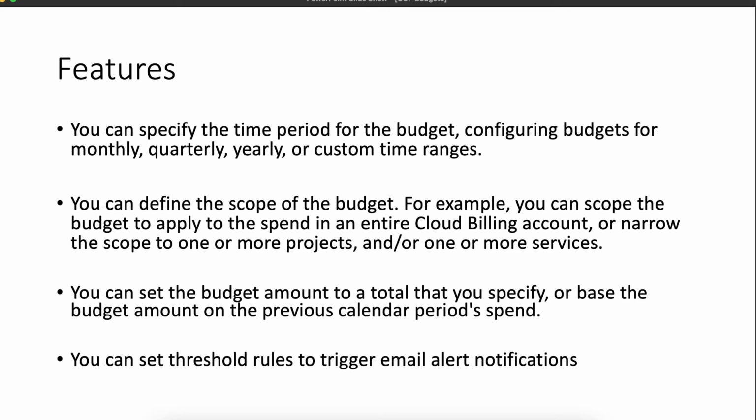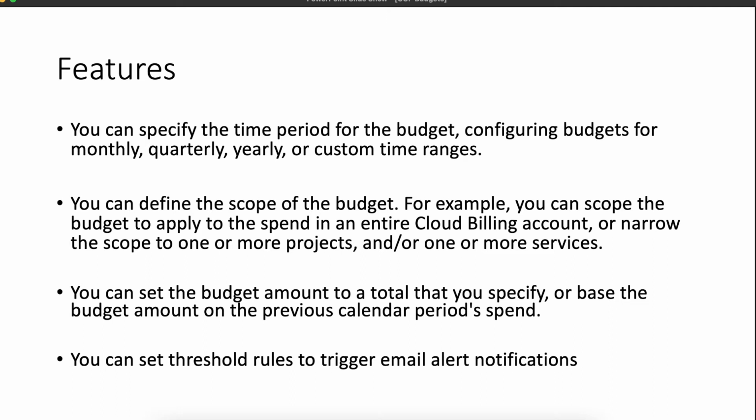At the same time, you can set the budget amount to a total that you specify, or base the amount on the previous month's spend. So if there is a pattern, like you always spend $10 or $100 a month, you can baseline your spending based on that.